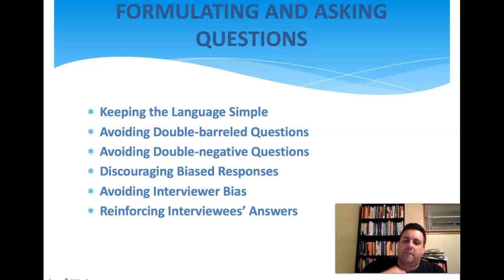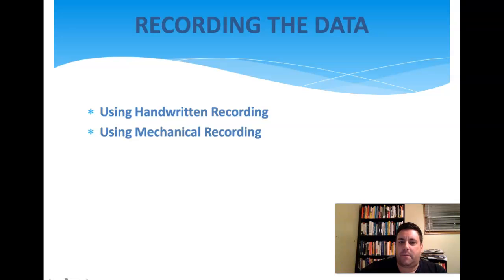So it's really important that interviewers ask questions neutrally and calmly, and it's important that they communicate that they understand the participant, but not so much so that they're inviting some kind of change in responses on the part of participants.